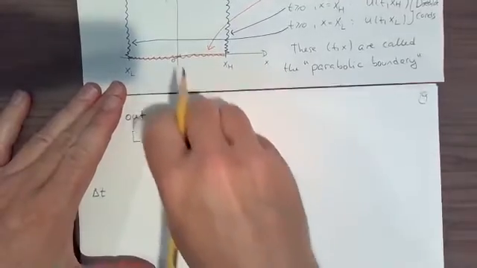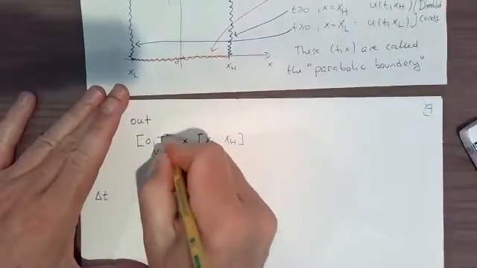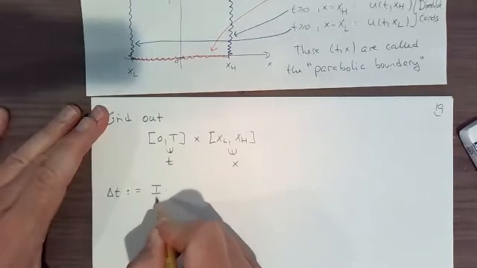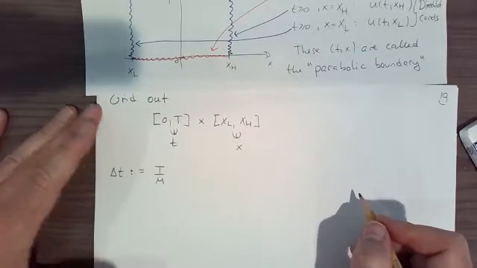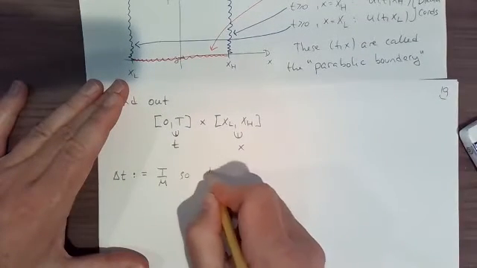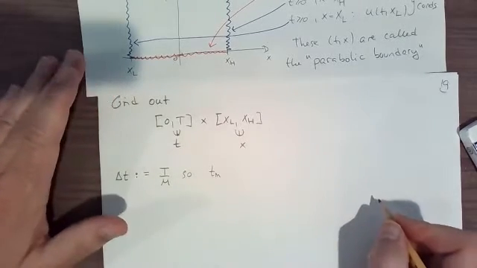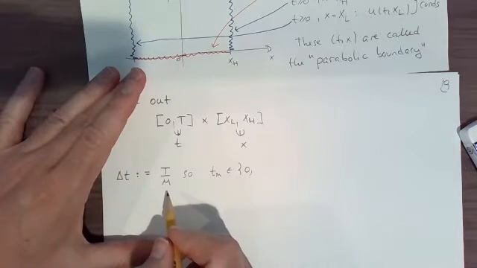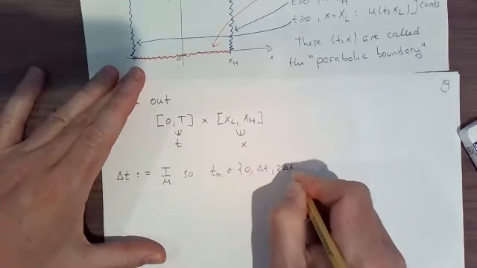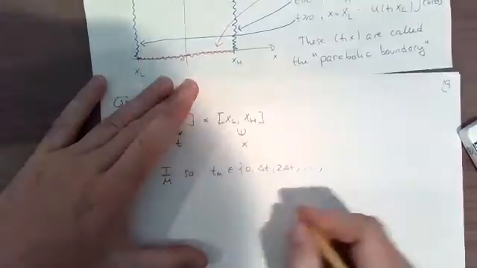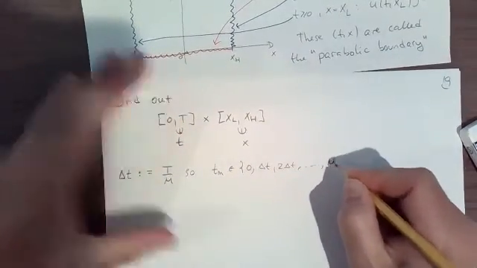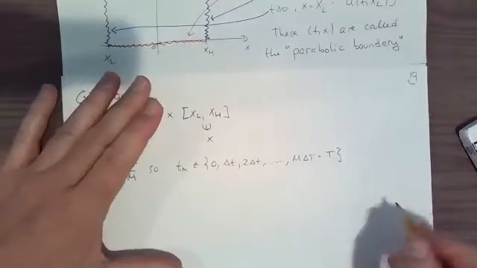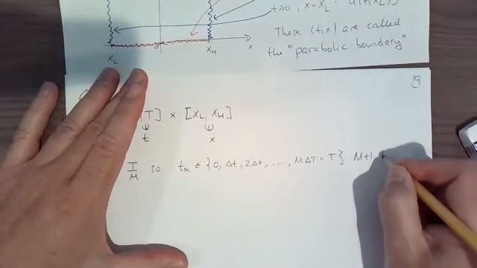Maybe I'll run this up to just capital T to make it more specific, since I'm just interested in up to capital T. We'll grid out with delta t equal to T divided by M. So my values t_m would be 0, then delta t, 2 delta t, all the way up to M delta t, which of course is equal to T. Counting them, you'll have M plus 1 time points.